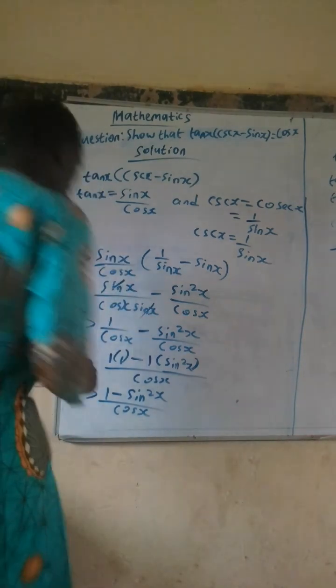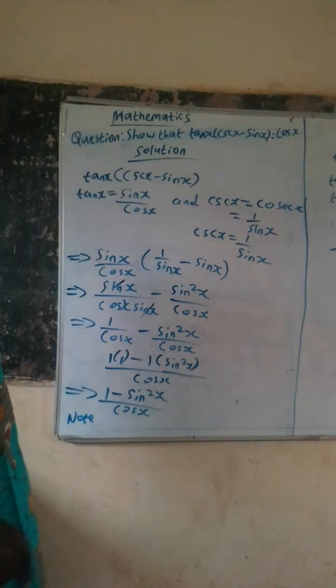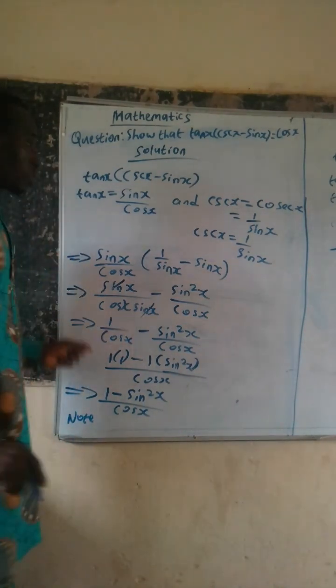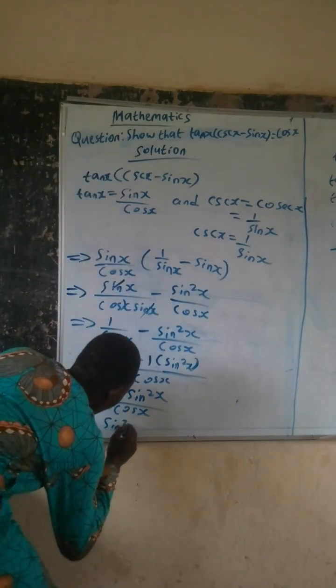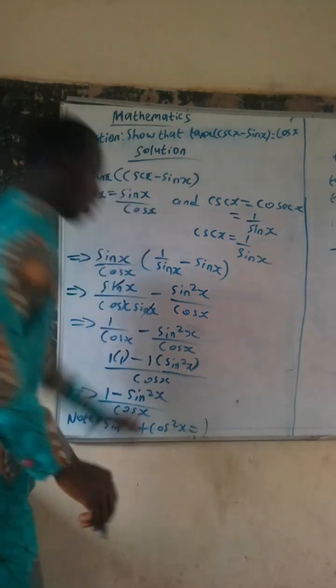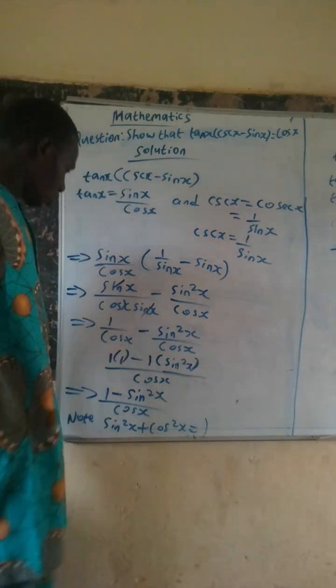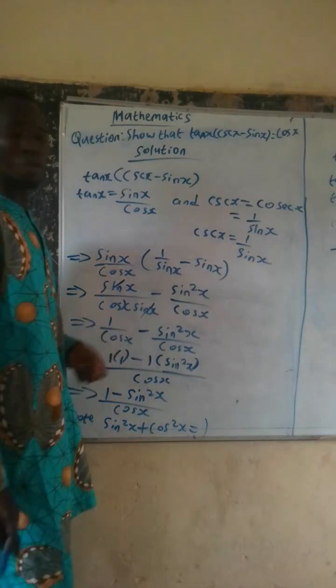But you need to note that. In mathematics, we have sine square x plus cos square x is equal to 1. It's one of the things you need to note when we are solving this kind of question.